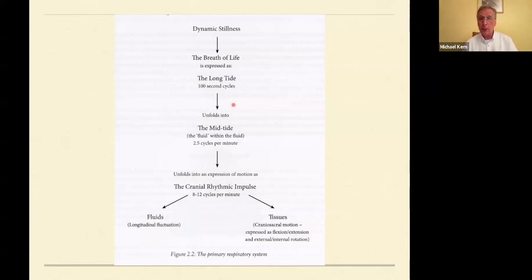and expresses in slow rhythmic cycles. So you see here in this image that the long tide expresses in 100-second cycles. That means that it takes about 50 seconds, that's almost a full minute, for one phase of inhalation to complete and one phase of exhalation to complete. Okay?